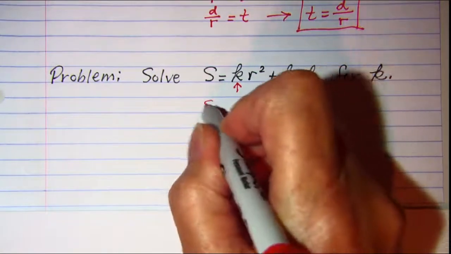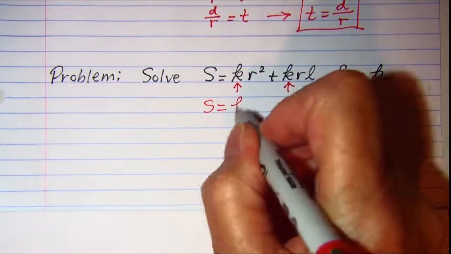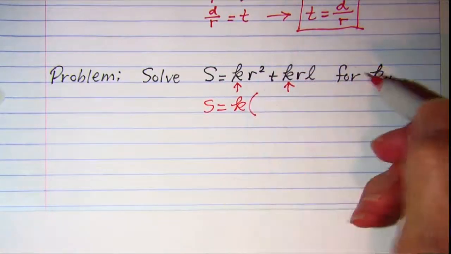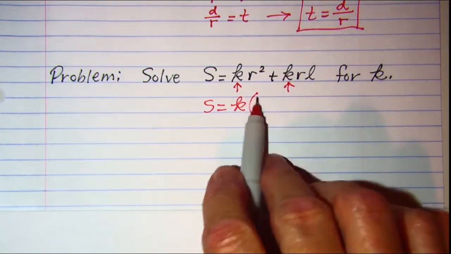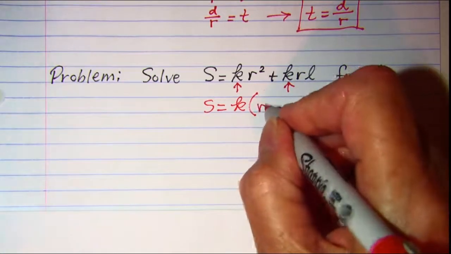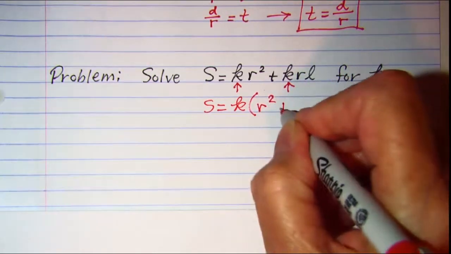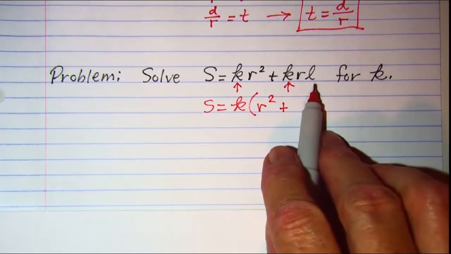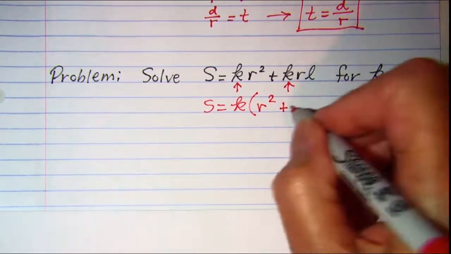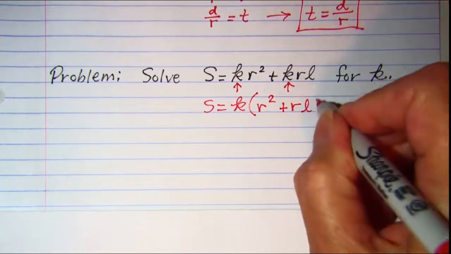So we can write s is equal to k times the quantity. Now if we divide this term by k, we'll have r squared, and then plus, and if we divide this term by k, we'll end up with just rl.